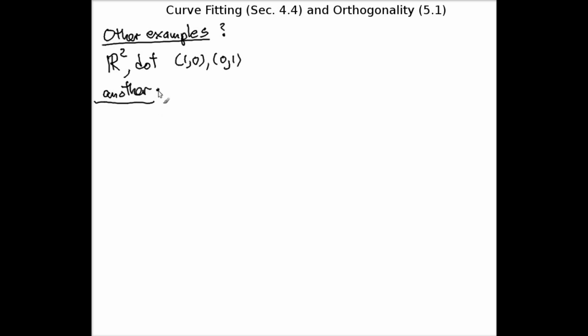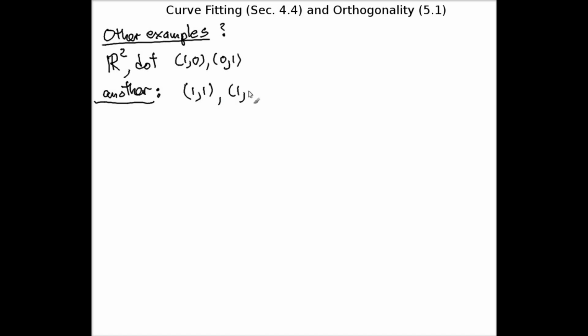And, well, let's see. How do you find a basis? Let's just find a basis and then worry about whether it's orthogonal. So to find a basis, you start with any vector. So let's start with some other vector, say (1, 1). Now, we want an orthogonal basis, so for a second vector, we better choose something orthogonal to this.